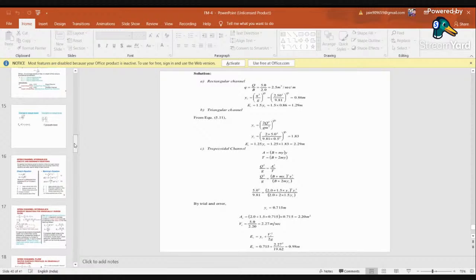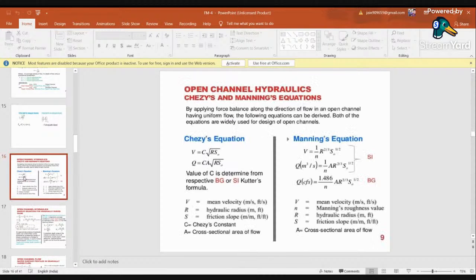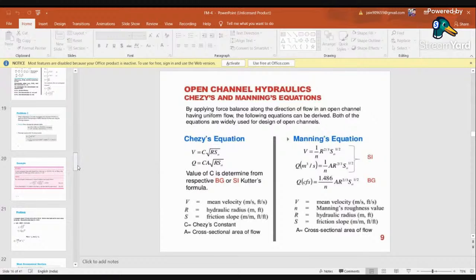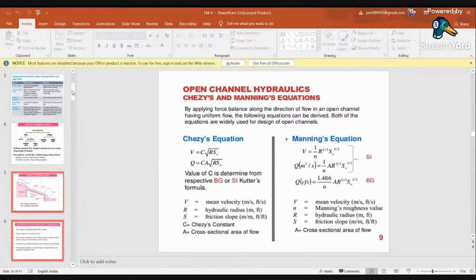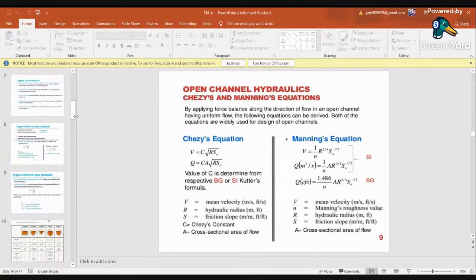Then we have seen the derivation for the Chezy and Manning's equation. Then for the sequent depth or the alternate depth, we have learned about the equation of hydraulic jump, and we have seen a few examples on the hydraulic jump as well as the most economic channel section.